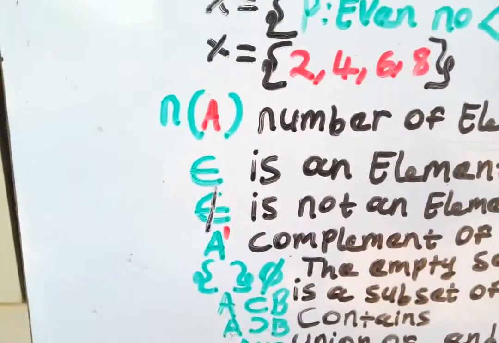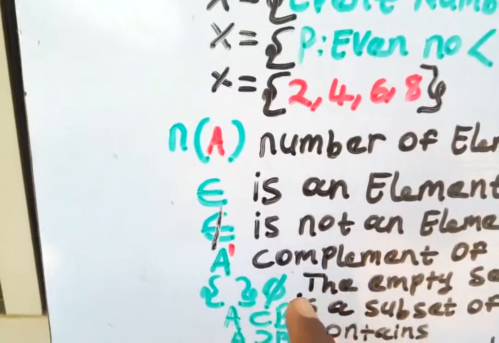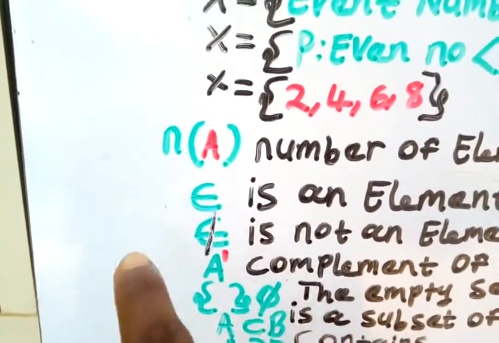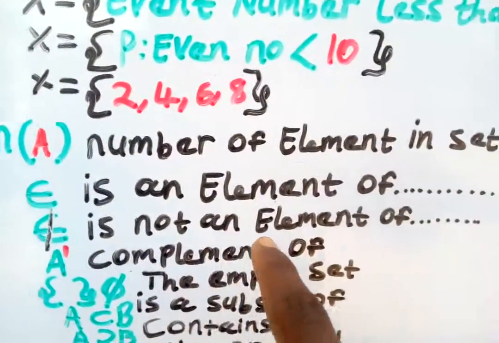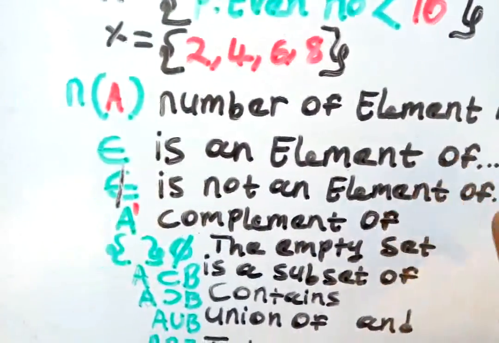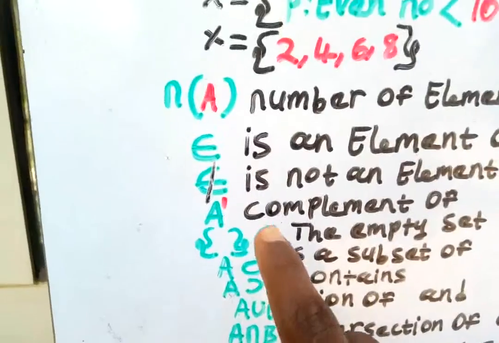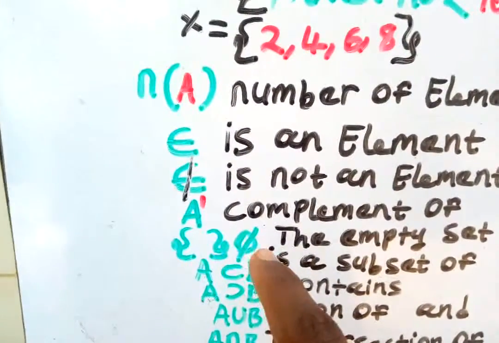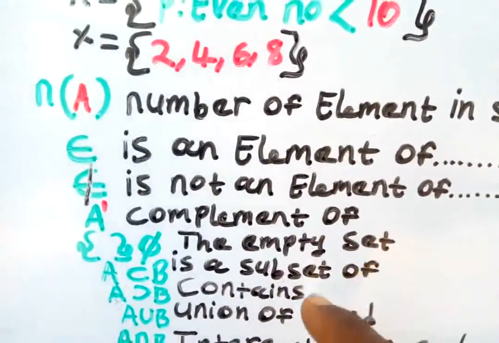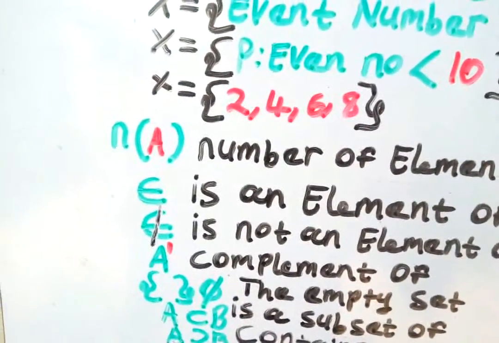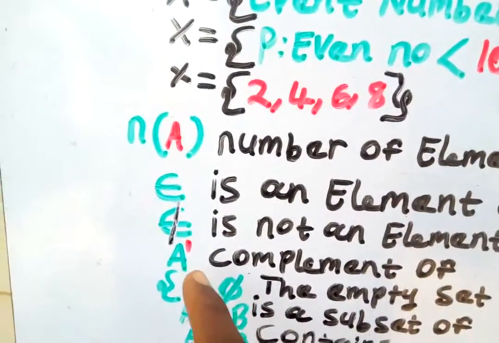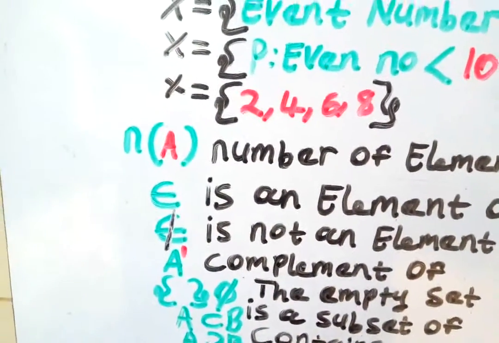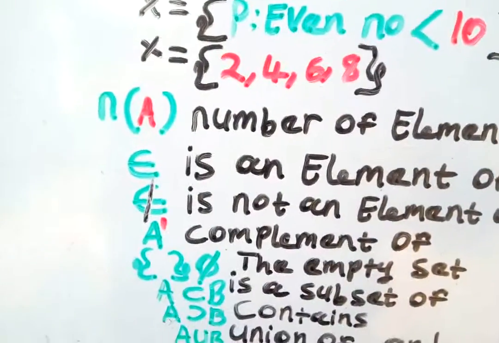This symbol here, where you write something like an E and it's being cancelled, means not an element of whatever you're having. This means A complement, or you can regard it as A prime, meaning whatever you're having in A should be removed out of the universal set, and whatever is left should be written down.